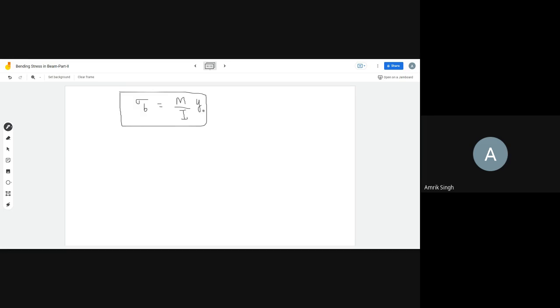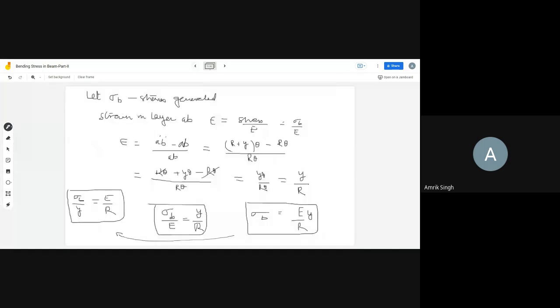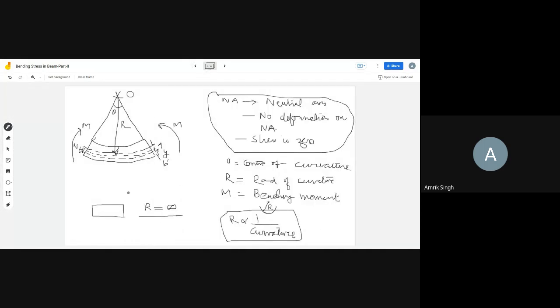The farther we move from the neutral axis, suppose this was our section, how will the bending stress look? So this is the neutral axis. So at the neutral axis, you see this upper layer has gone in compression, this layer has gone in tension.